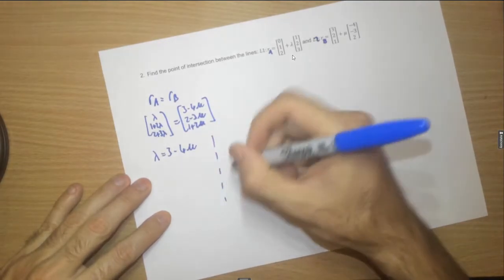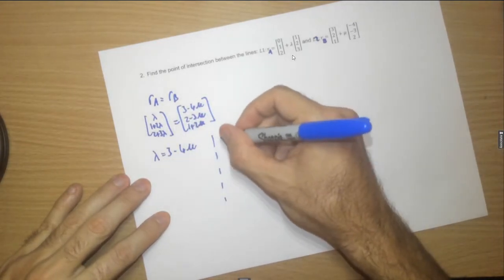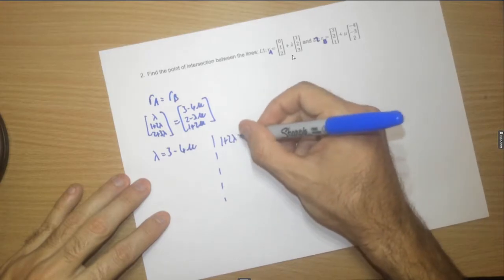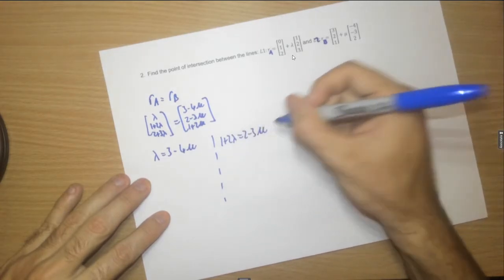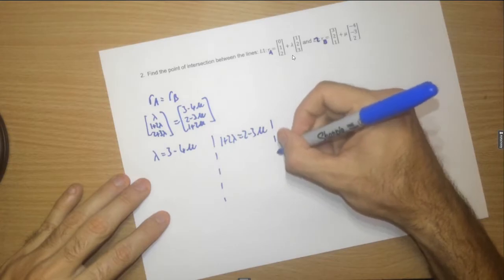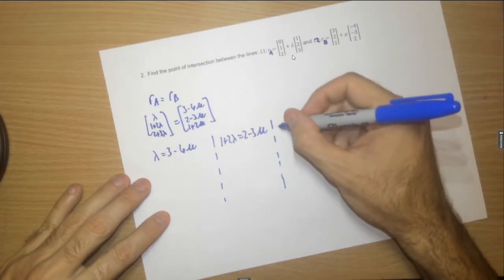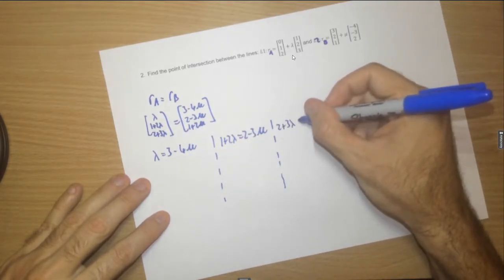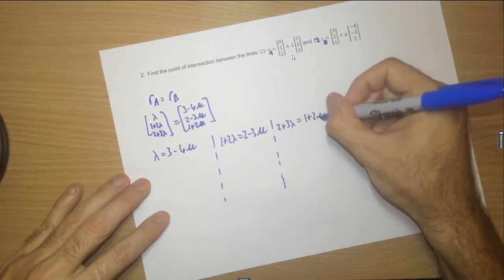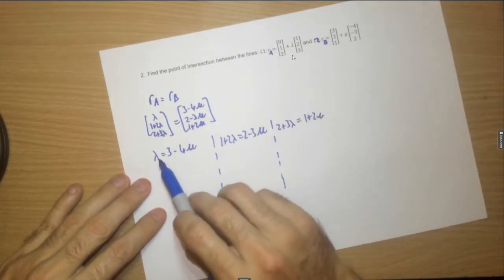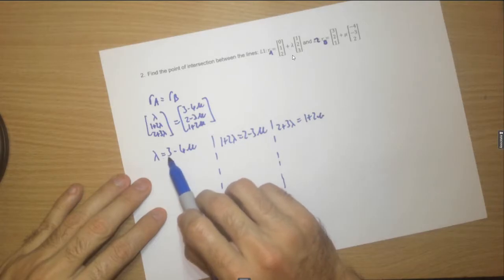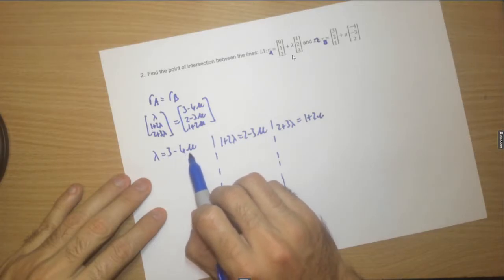So lambda equals 3 take away 4 mu. We'll just go down here. The second equation there is going to be 1 plus 2 lambda equals 2 take away 3 mu. And the third equation for the z component is going to be 2 plus 3 lambda equals 1 plus 2 mu. Now this equation here is quite nice because we've got lambda equals 3 take 4 mu.